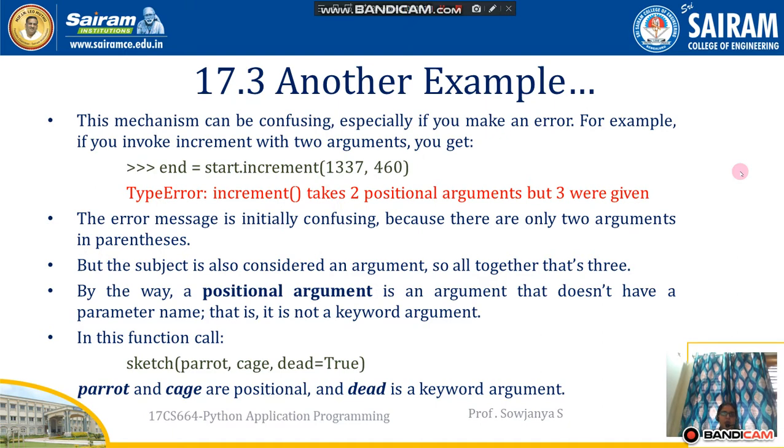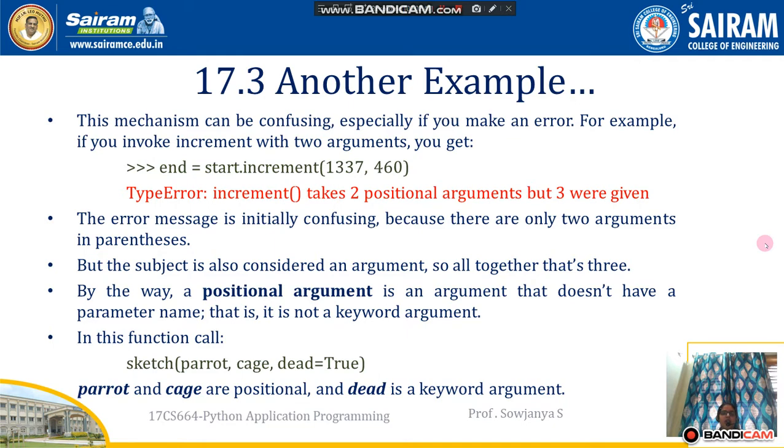For example, if you invoke increment with two arguments, with one argument that is not a problem, but with two arguments it will say it takes two positional arguments but three were given. This error message is initially confusing because there are only two arguments in the parentheses, but the subject is also considered an argument, so altogether that is three.